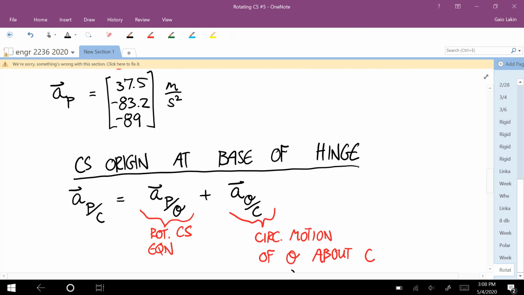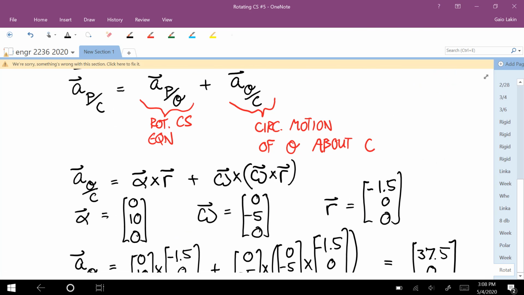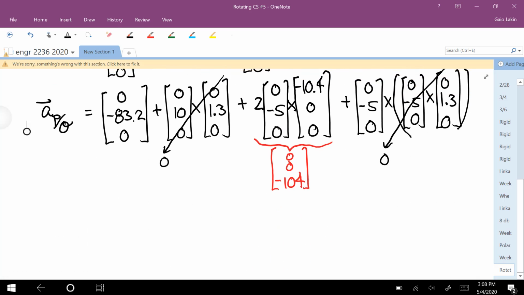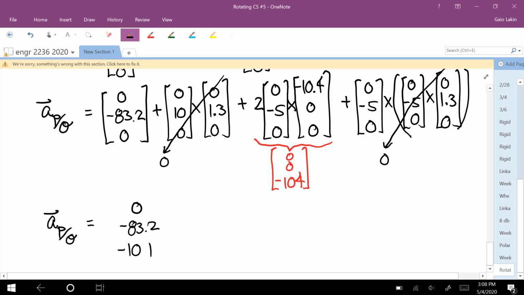And what we get is the acceleration of p relative to O is equal to 0 for the x component, negative 83.2 for the y component, and negative 104 for the z component.